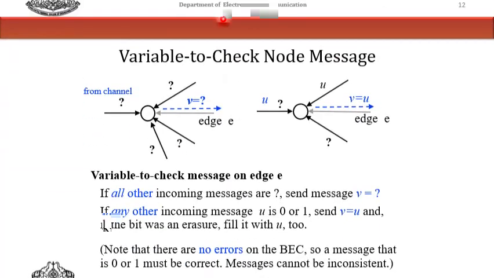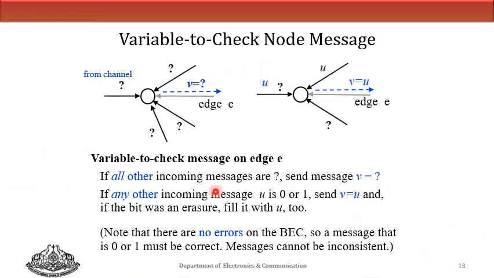So basically, there are only two steps involved in the message passing decoding algorithm, and this will be done iteratively. So you have to learn what is the message to be passed from variable to check node, which is the first step. Because as I said earlier, the variable nodes are nothing but the nodes corresponding to the code word bits being received from the channel.